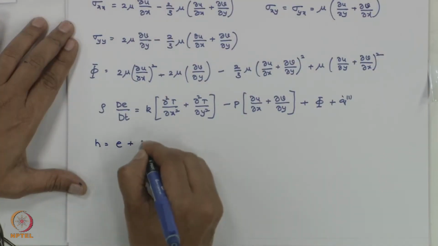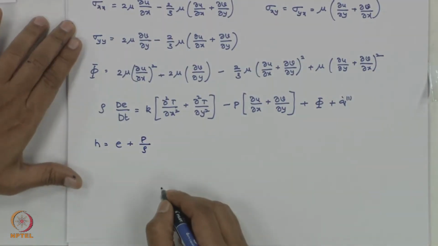So we know that enthalpy H is equal to internal energy plus P by rho, correct.